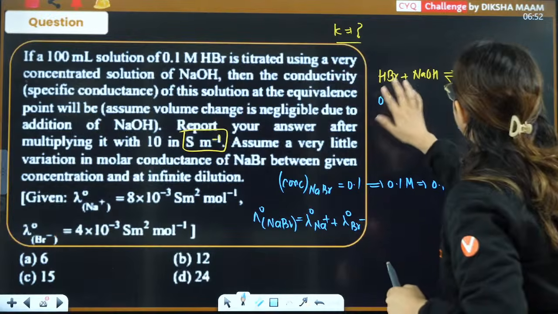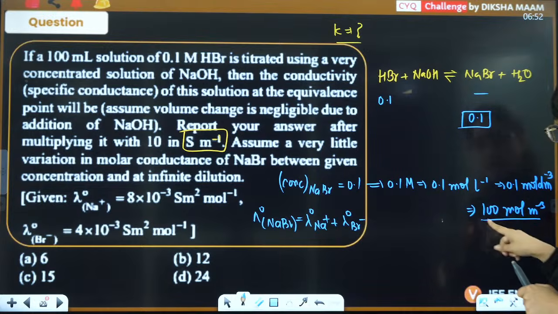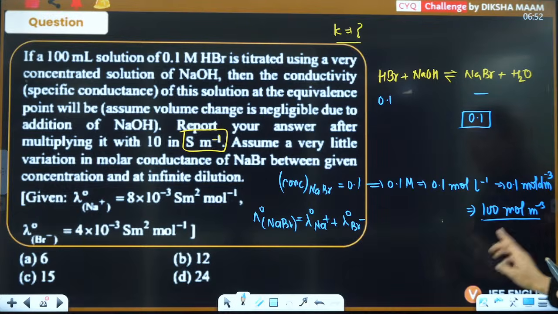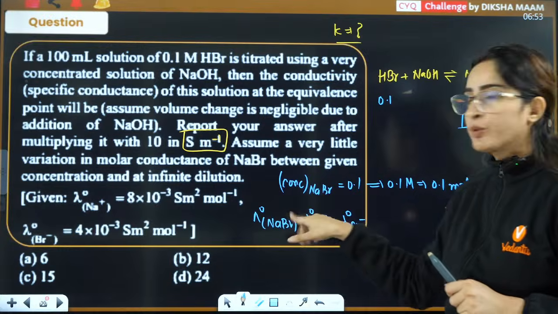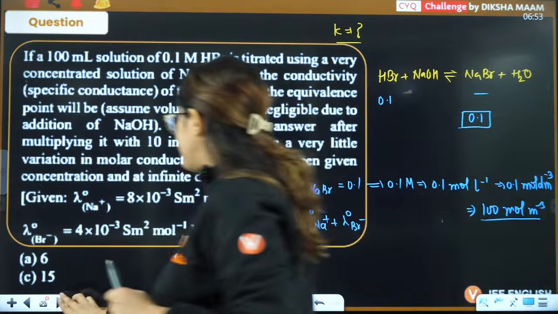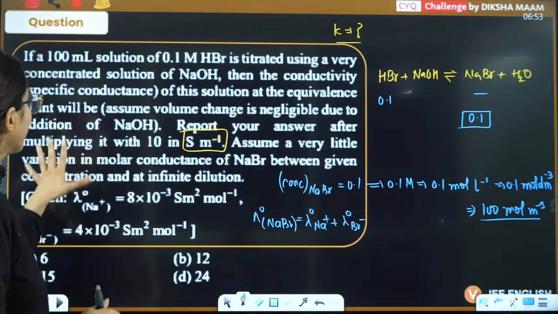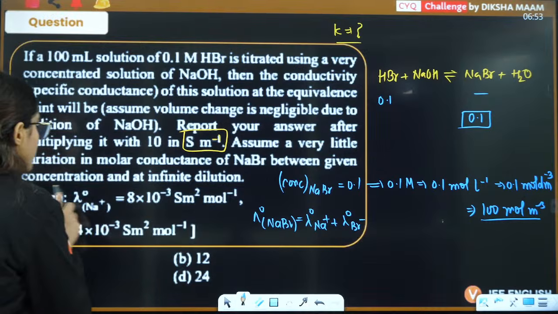If this is 0.1, this is also going to be 0.1, but this is in mole per liter, so I have calculated this in mole per meter cube. It is coming out to be 100 by multiplying it by 1000. Now infinite dilution molar conductivity also hints are given to you, you can calculate that, right? Because they are saying that assume a very little variation of molar conductance between given concentration at infinite dilution.